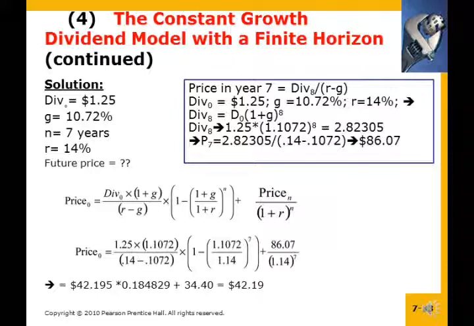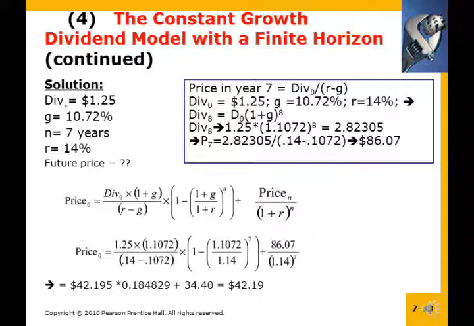So price 7 will be equal dividend 7 plus 1, which is dividend 8, divided by R minus G. Again, the last part is price n divided by 1 plus R to the power n. N in our problem is equal to 7.